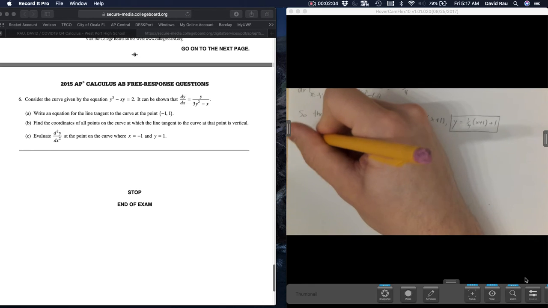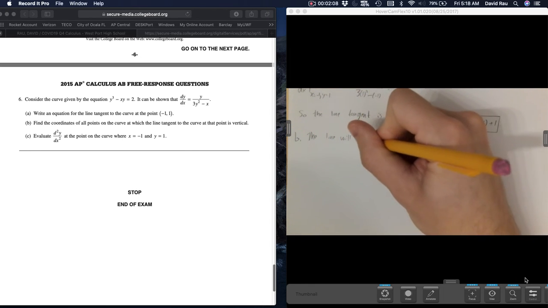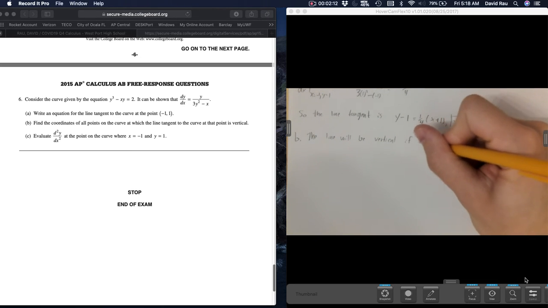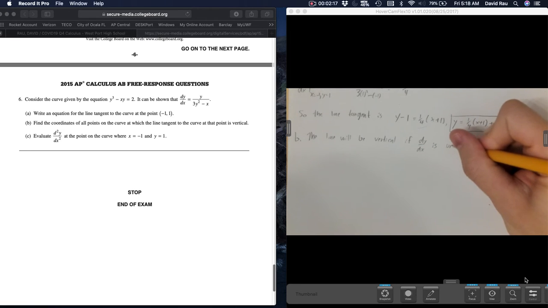So the tangent will be vertical if dy/dx is undefined.